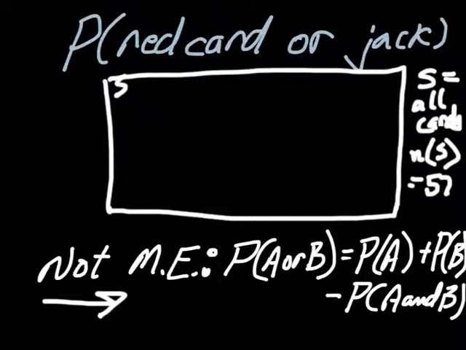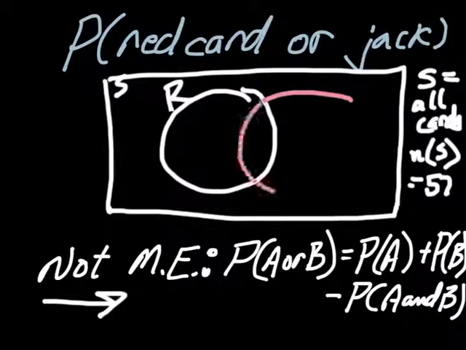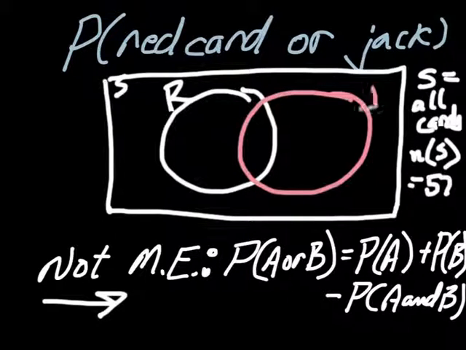And now we have 2 sets. Here's one set. We're going to call this the red card set. And here's the other set. We're going to call this the jack set. And what we know is that there are 26 red cards and there are 4 jacks.